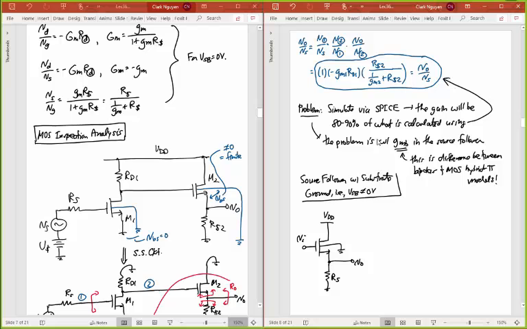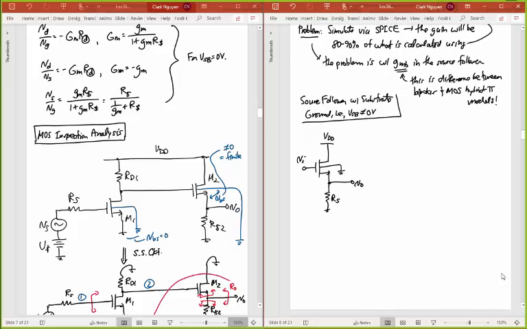And so what I want to do is draw out my hybrid pi model for this. Make sure I have enough space to do all this. I think I do. And so the small signal model for this is going to look like this.